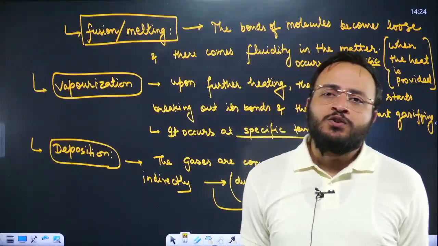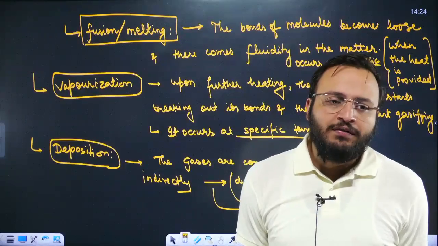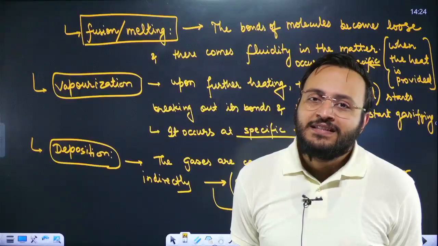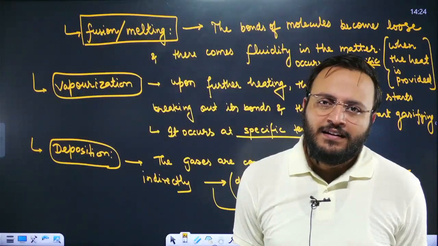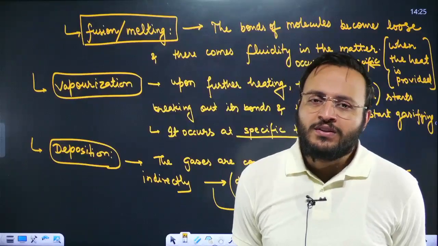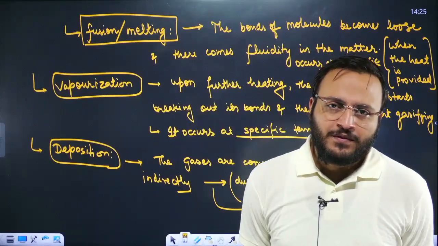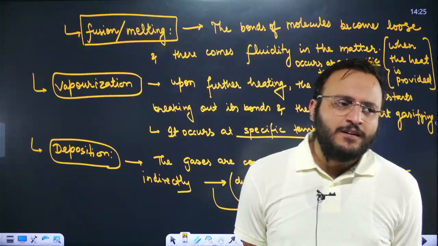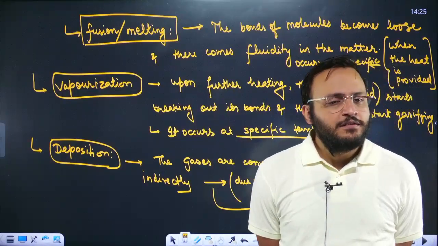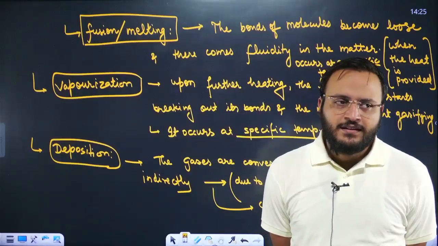Apart from that, you also have nitrogen solidification, or say nitrogen deposition, done by several groups of bacteria in the plants, particularly the nodules of the leguminous plants. Okay, so guys, this is how you get to see the deposition, vaporization, and fusion. Got it?